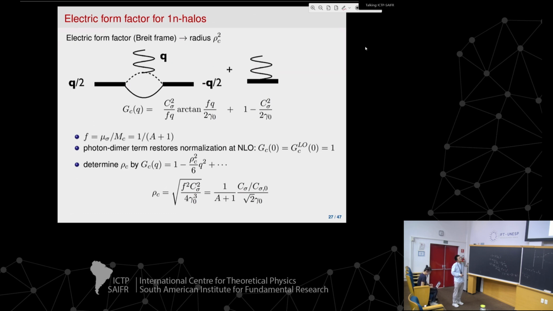The reason why we do this in the Breit frame is that you want only the momentum part. The photon only kicks in momentum to the system, and it does not have an energy-dependent part. So it's basically a spatial-like form factor.